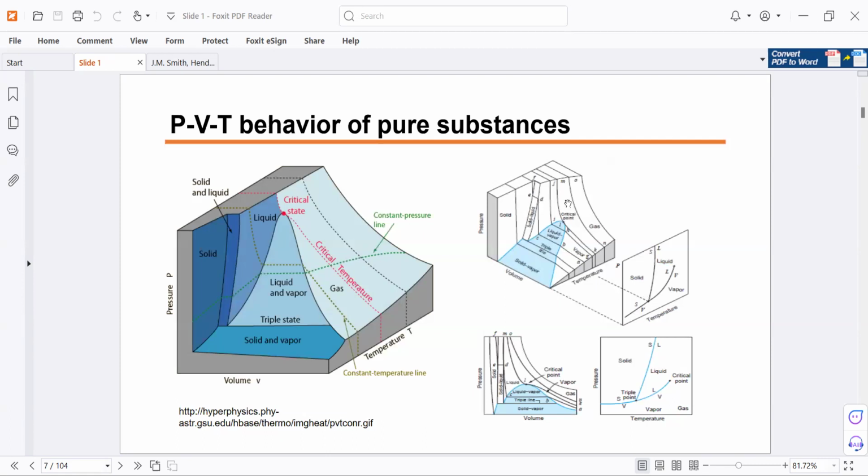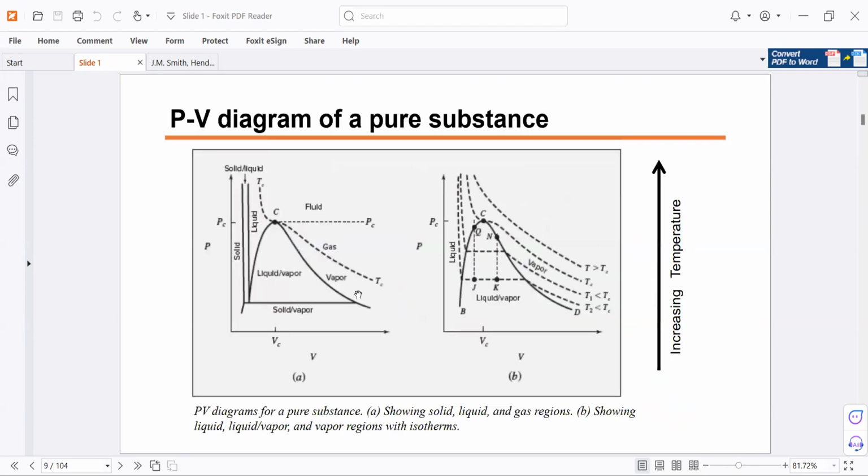If we project the 3D graph to the PV diagram, the two phases become regions and the single phases become curves on the graph. So please, I corrected the previous statement.